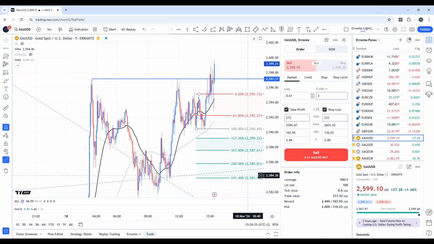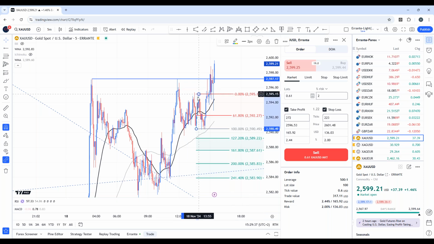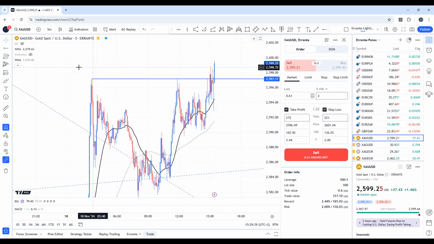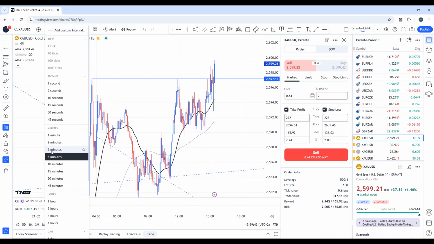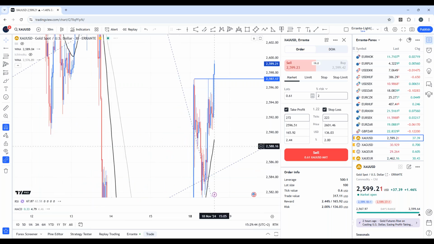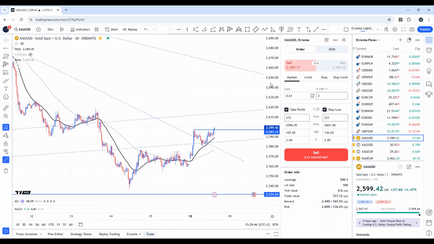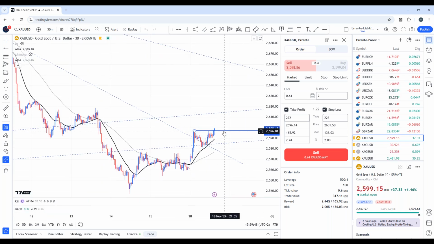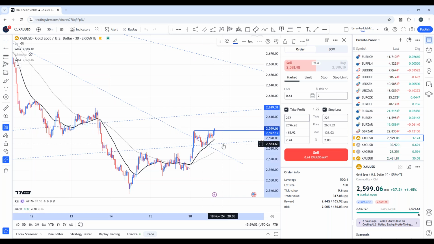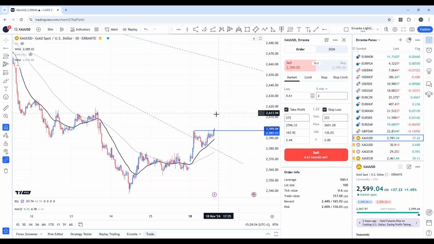Okay, so I'm going to close this and look at what we have here. This is gold on, let's say, a 30-minute time frame. I'm just going to walk you through it, and this is a very nice breakout, by the way. See how it makes it nice and clean.